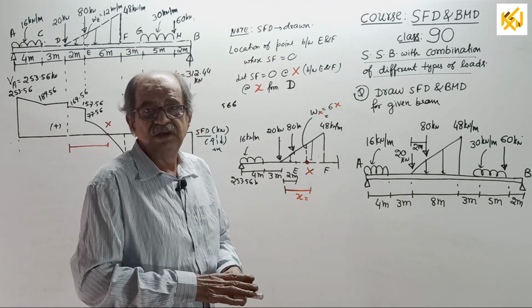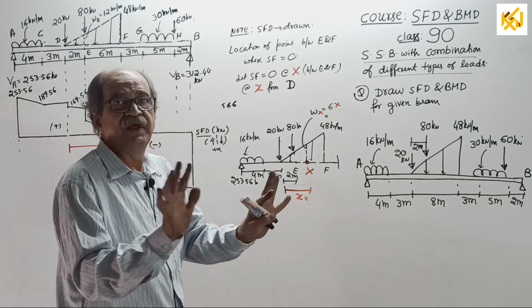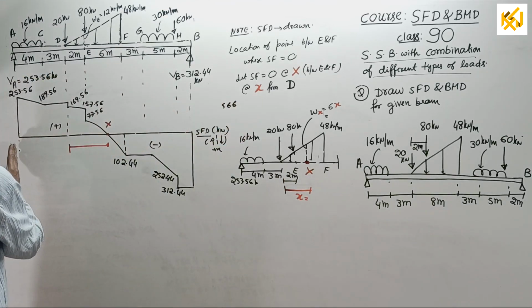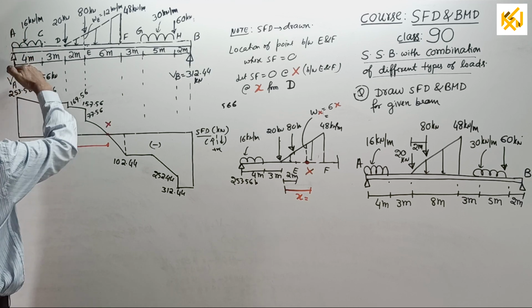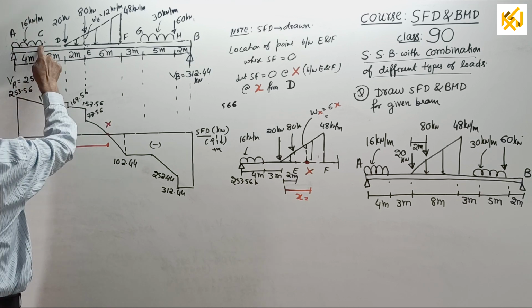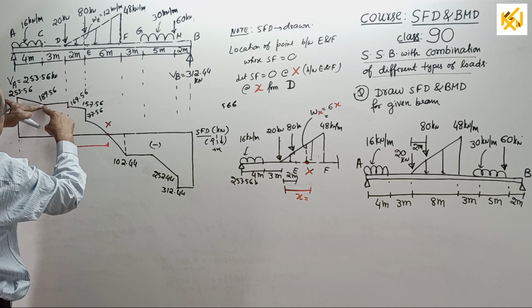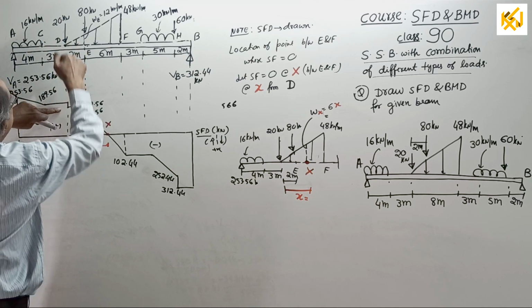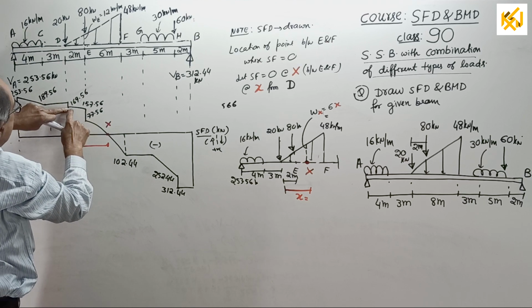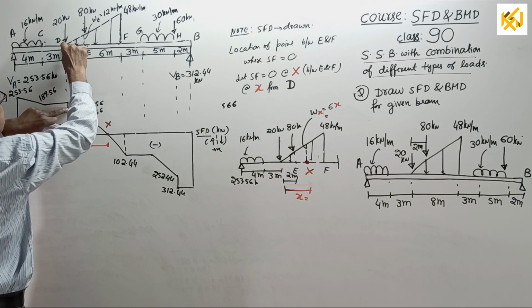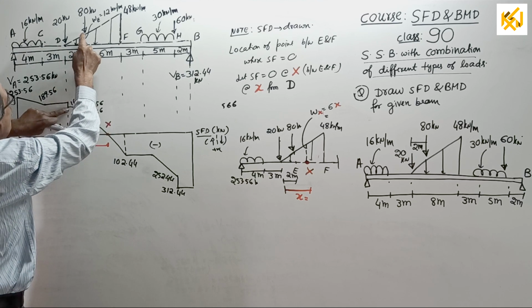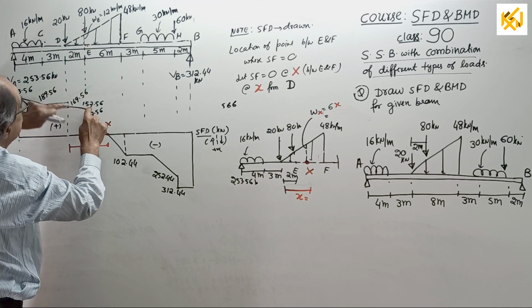Now, just to understand, take your calculator and draw the SFD without any other calculation. See, go up by 253.56, come down by 16 into 4, you will reach 189.56. No load up to here, come parallel to the baseline. Come down by 20, 169.56. From here to here, come down by half into 2 into 12, 157.56.